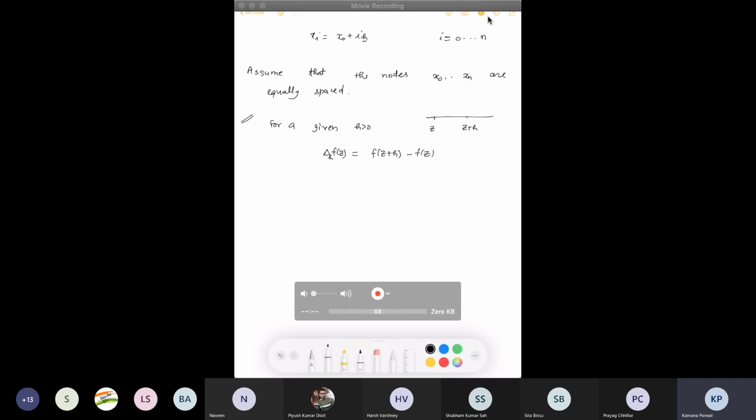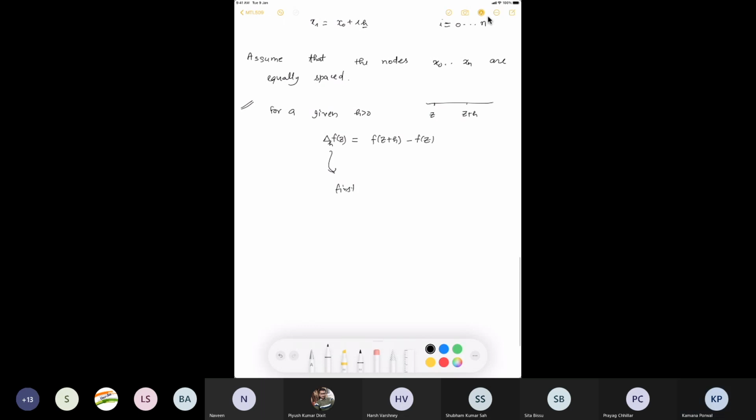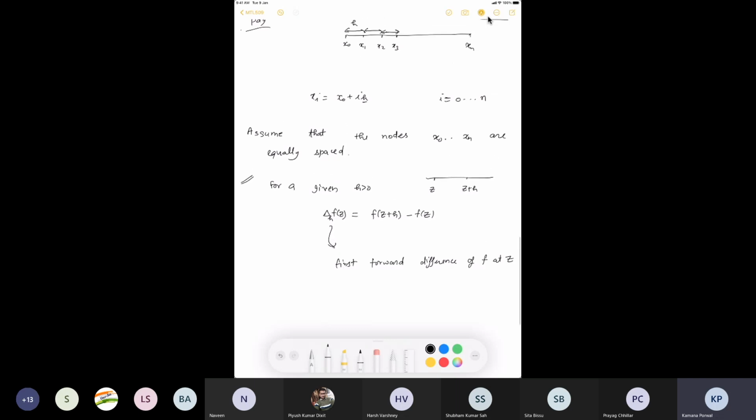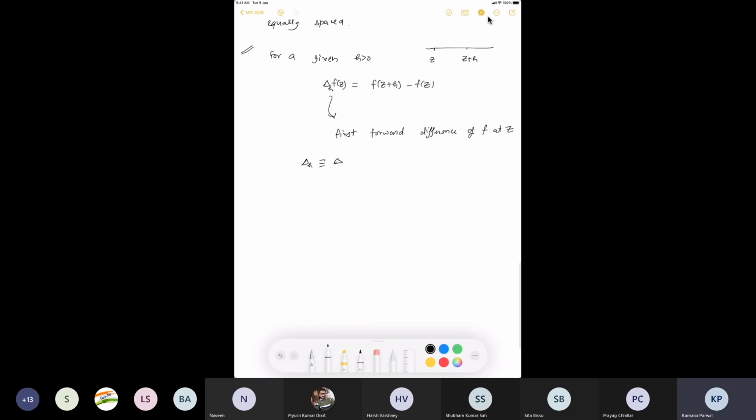And this is called the first forward difference of f at z. If h is understood by the context, for example in this case, when we work with equally spaced points, we know that h is the distance between any two consecutive points, I can very well skip the subscript h and just use the notation delta.